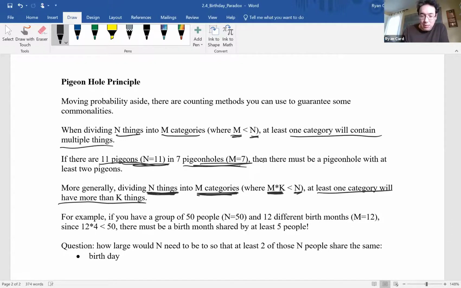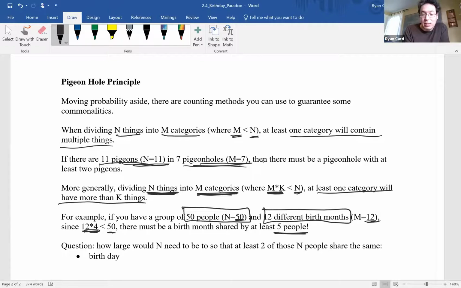So for example, if you had a group of 50 people and you were looking at 12 different birth months, 12 goes into 50 more than 4 times, right? So 12 times 4 is 48, which is smaller than 50. So that means that there's at least one birth month where 5 or more people will share the same birth month.